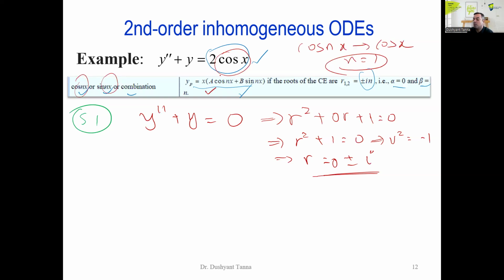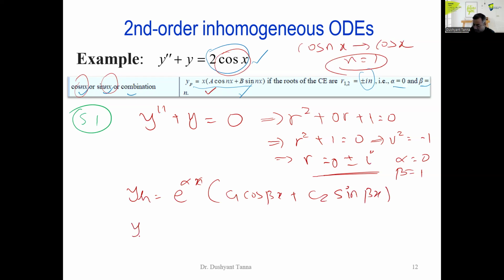But again, before we go to yp, we have to finish our yh. Okay, so yh is e raised to alpha x. Remember, alpha is 0, beta is 1. I'll write the whole thing just to refresh our memory: C1 cos beta x plus C2 sin beta x.